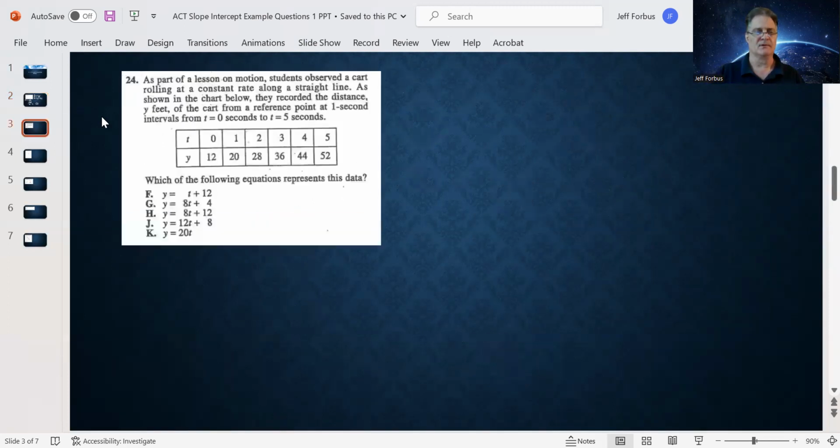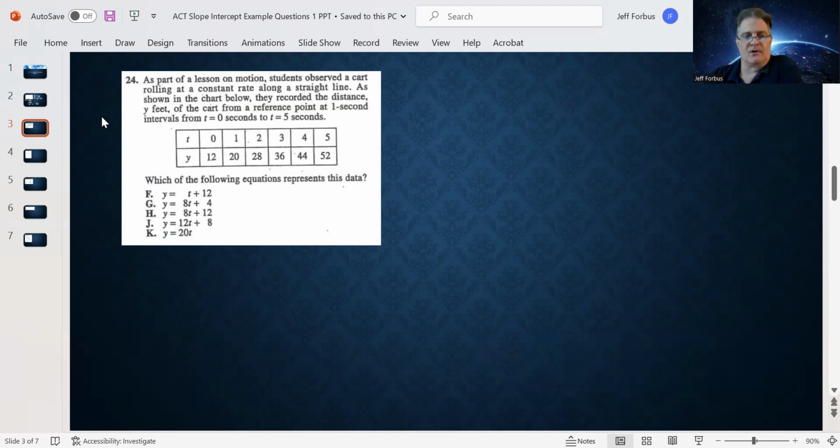Next question. All right, so you got a table. In here, it says as part of the lesson on motion, students observed a cart rolling at a constant rate along a straight line. Constant rate is really important. It implies a straight line, right?